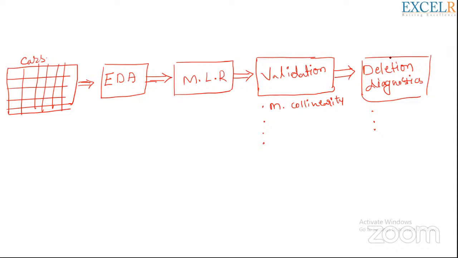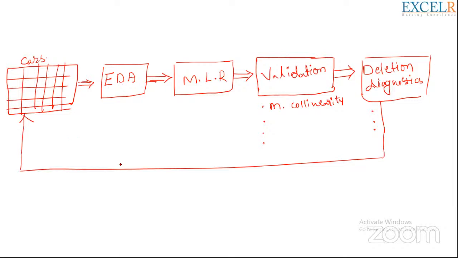This deletion diagnostics is all about identifying the outliers and influential data points in the data set, and removing those data points. That means we are going back to the data set.